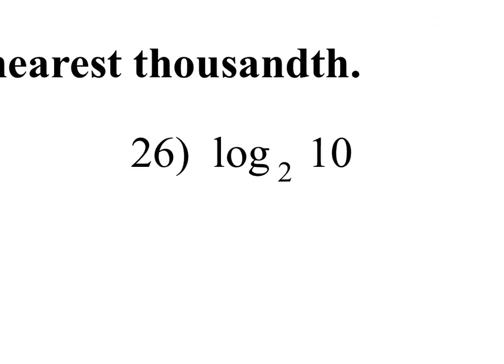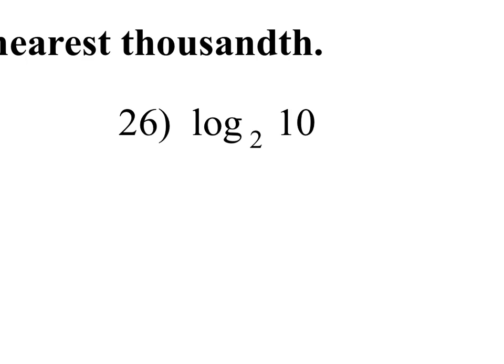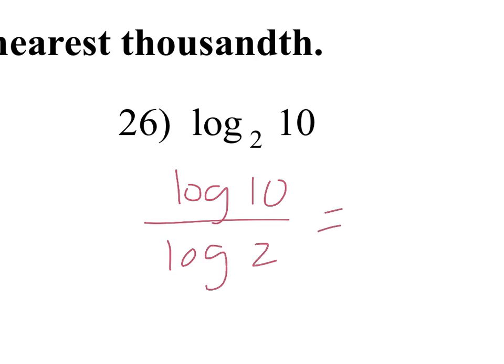Okay, last one. So we're going to have log of 10 on top and log of 2 on the bottom. So we need to find out what our log of 10 is. So our log of 10 is just 1. And then the log of 2 is 0.301029.